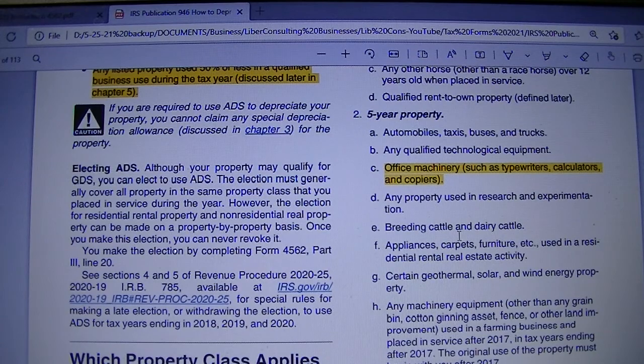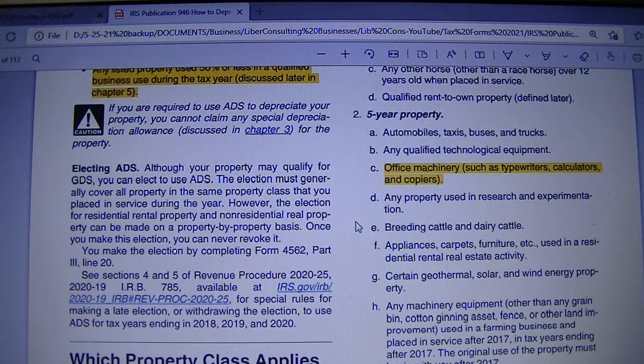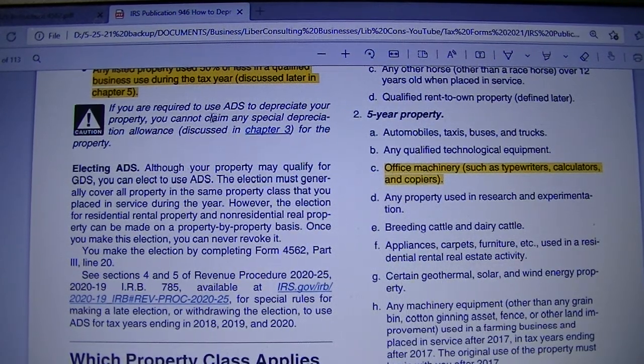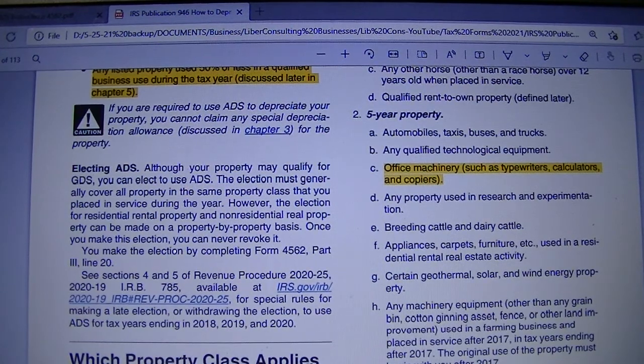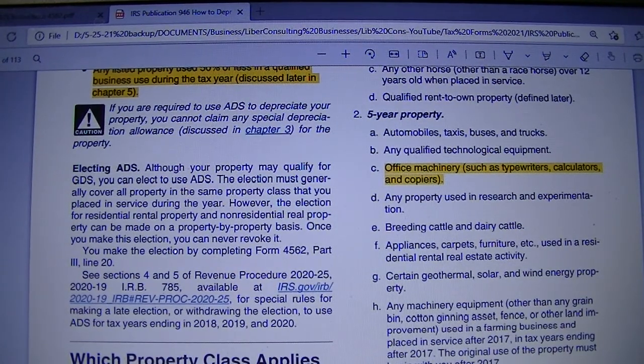So what we will do next, when you do not find your property, will be to go to Appendix Table B. So let's go a little bit to the end of Publication 946.